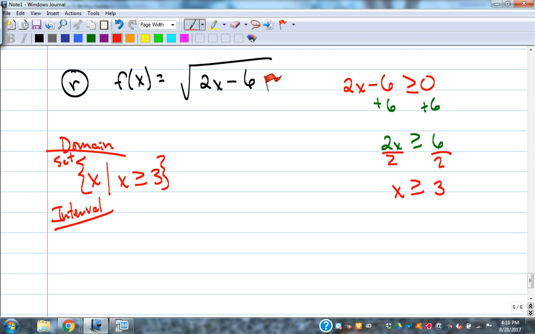What's the smallest number that we could have for x in this problem? 3. So that's where we're going to start. Instead of starting at negative infinity, we're starting at 3. Is 3 included when we run? Yeah, there's not a hole. Yes, a square bracket.